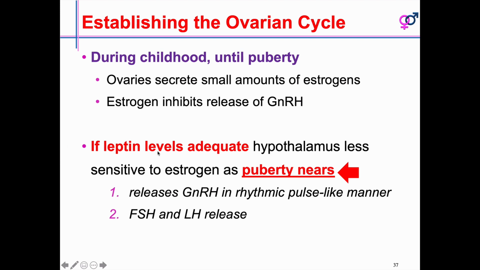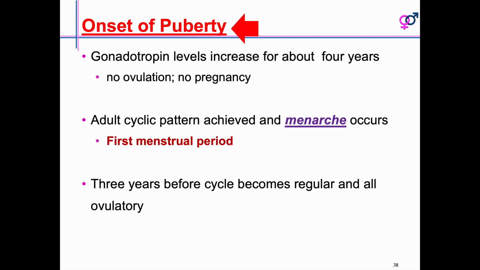If leptin levels are adequate, the hypothalamus is less sensitive to estrogen as puberty nears, and gonadotropin releasing hormone is released in a rhythmic pulsatile manner, leading to release of follicle stimulating hormone and luteinizing hormone. Thereby the ovary starts to produce estrogen and progesterone.